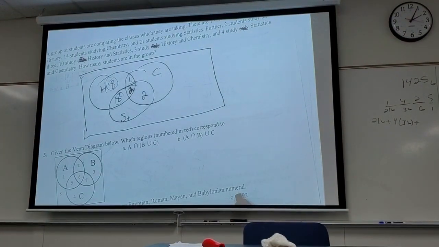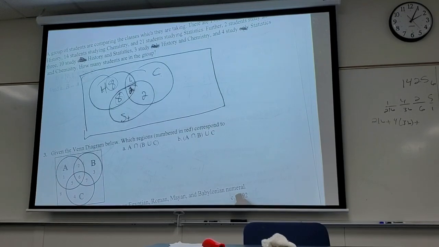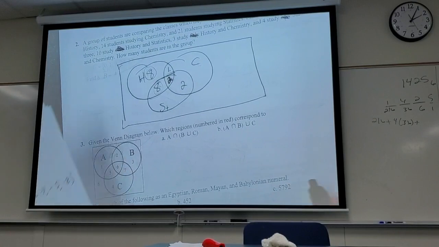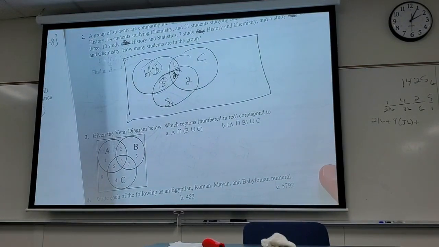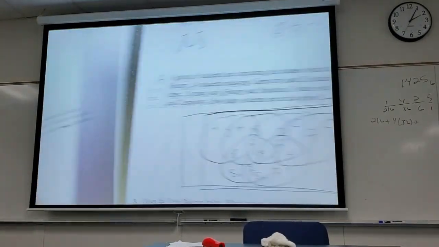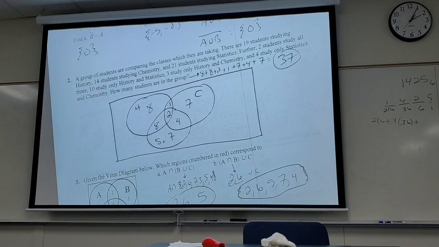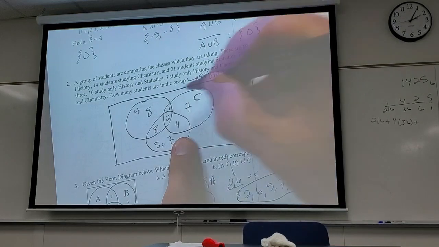So your work on the diagram on that page and the work on the answer key is a little different. I've got 39 students, right here, for study only statistics and chemistry.